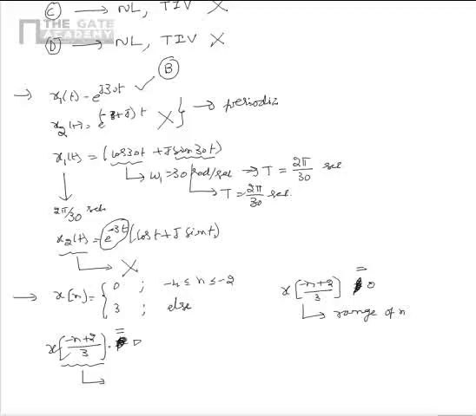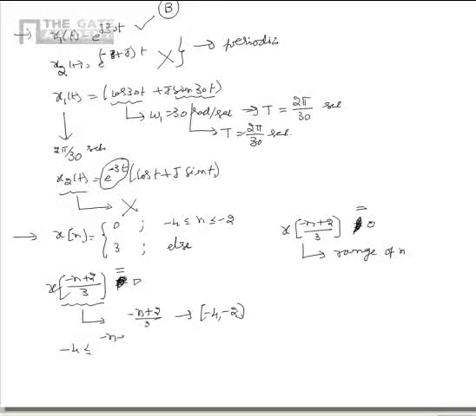So for x of (minus n plus 2) by 3 to be 0, the time index part, that is (minus n plus 2) by 3, should be in the range of minus 4 to minus 2. So from this we see that minus 4 less than or equal to (minus n plus 2) divided by 3 less than or equal to minus 2. This can be reduced as minus 12 less than or equal to minus n plus 2 less than or equal to minus 6. This can further be reduced as minus 14 less than or equal to minus n less than or equal to minus 8.